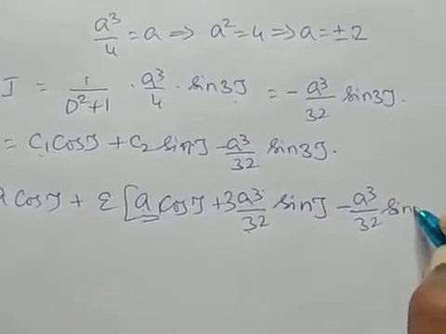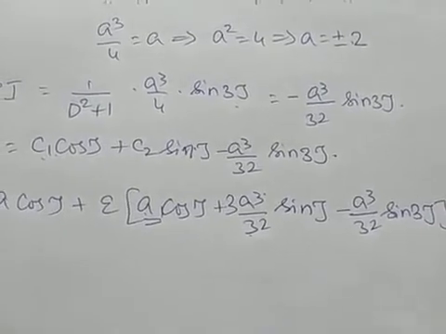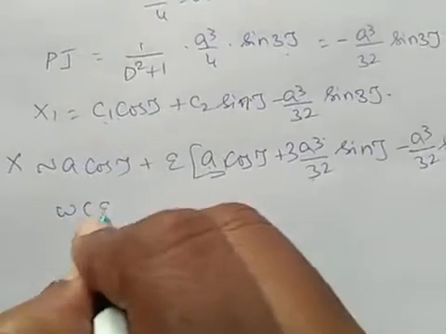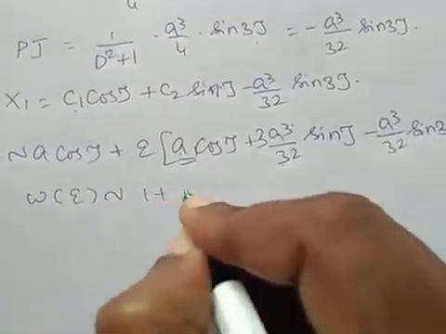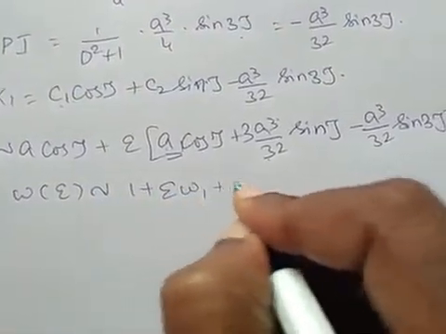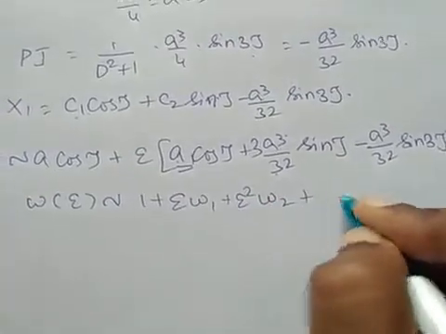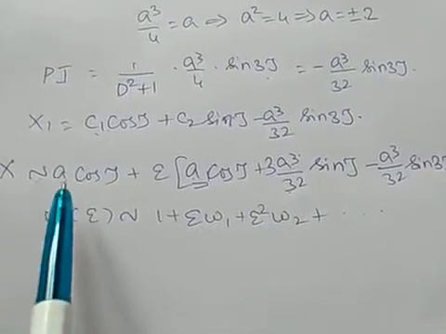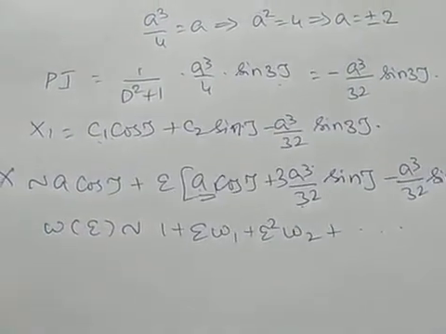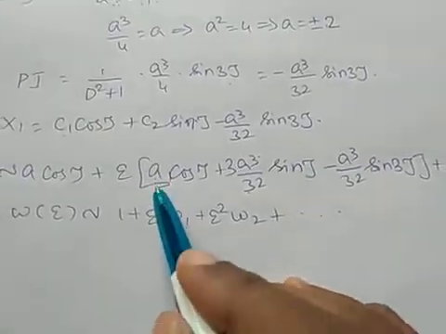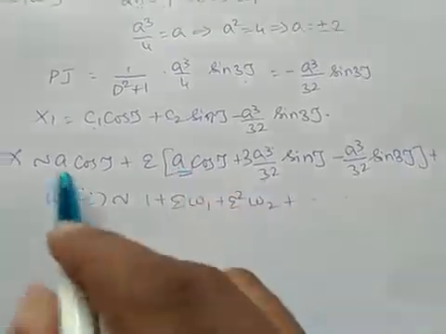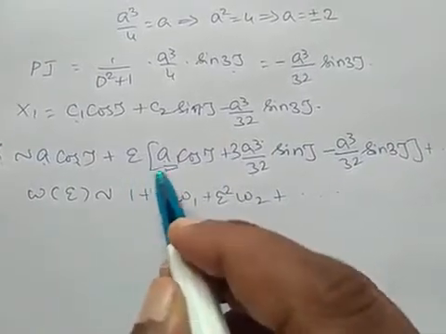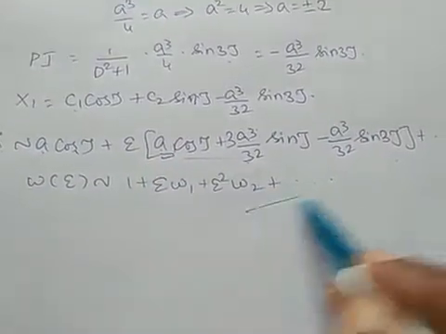This is our second term plus etc. Also we are having omega of epsilon is asymptotic to 1 plus epsilon omega 1, epsilon square omega 2, etc. So what is our value of a? 2. Therefore x is asymptotic to 2 cos tau plus epsilon etc. So this is our final solution.